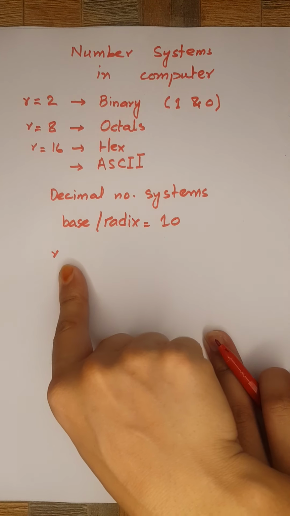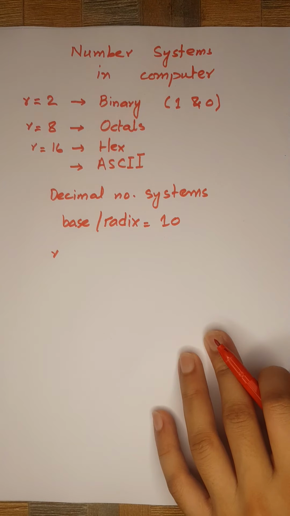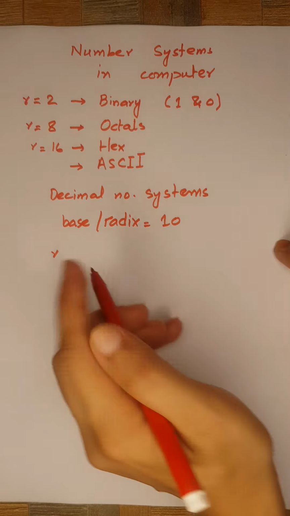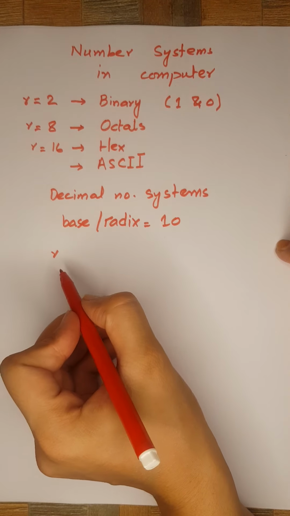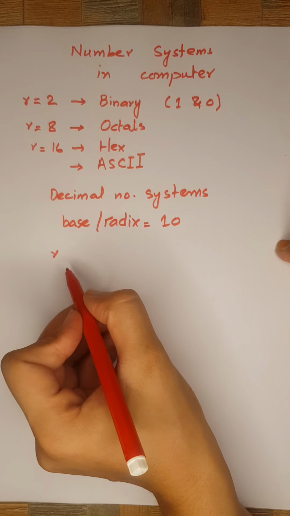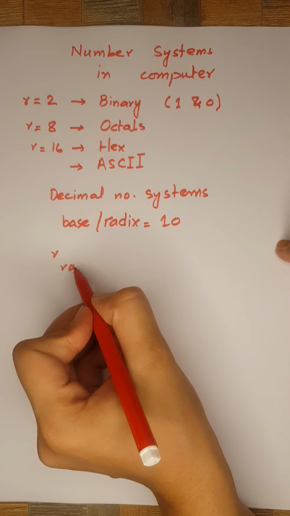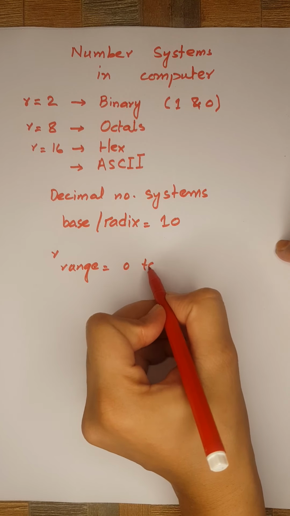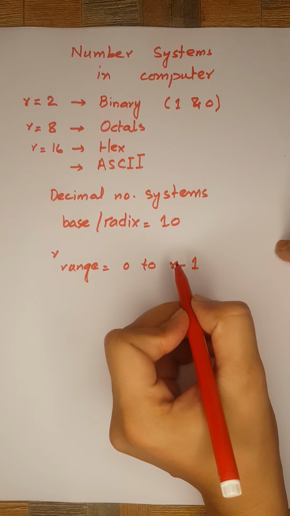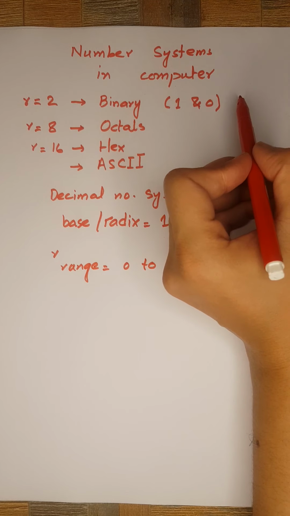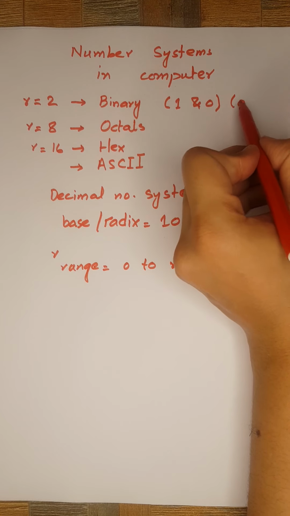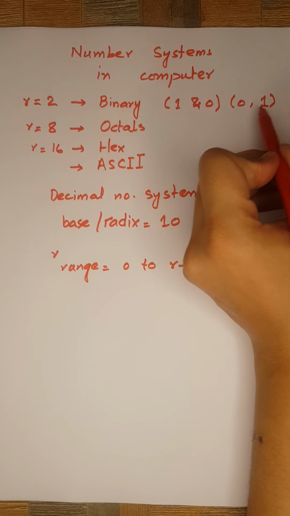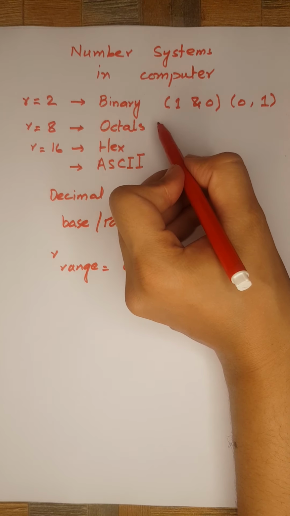Now let's study how the ranges of these different number systems are determined. The range of any particular number system is determined as 0 to r minus 1. So in case of binary we have the range from 0 to 1. Only 0 and 1 are representable in binaries.